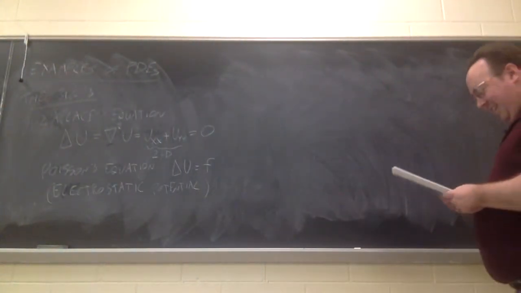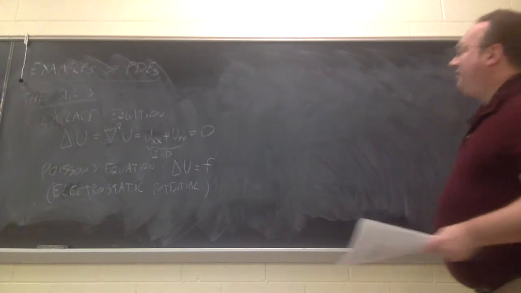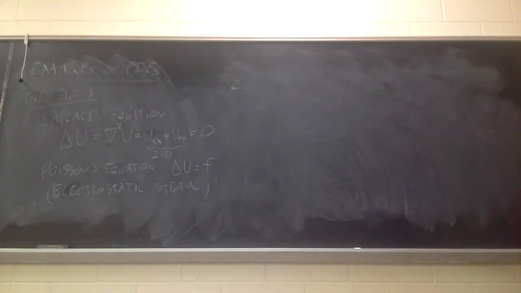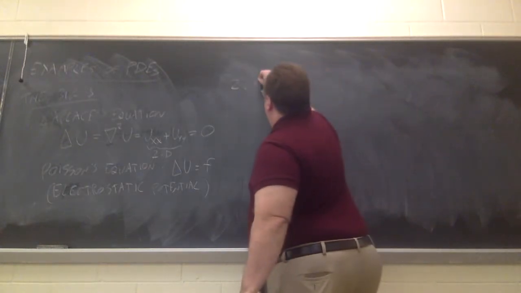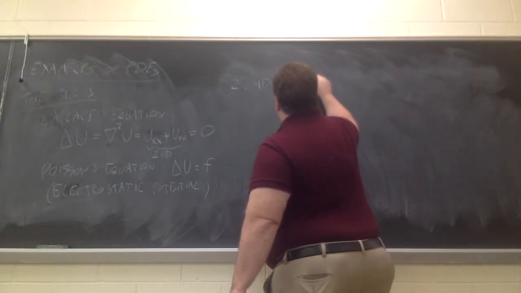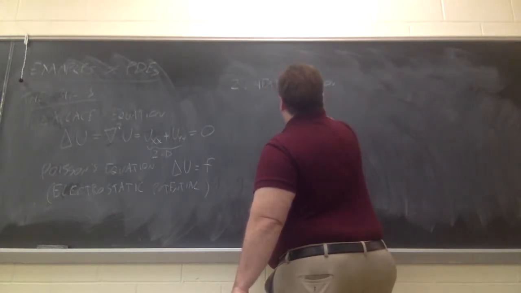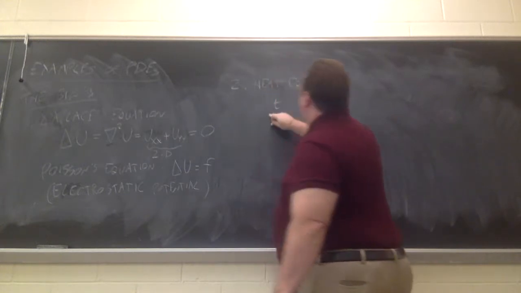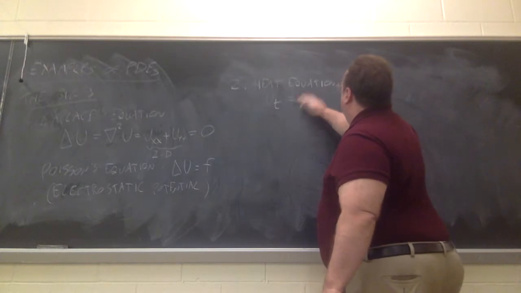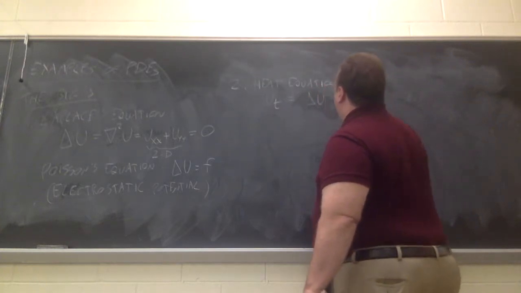So. Okay. All right. And actually, all three of these fundamental equations involve a Laplacian. The heat equation: derivative with respect to time is equal to the Laplacian of u.